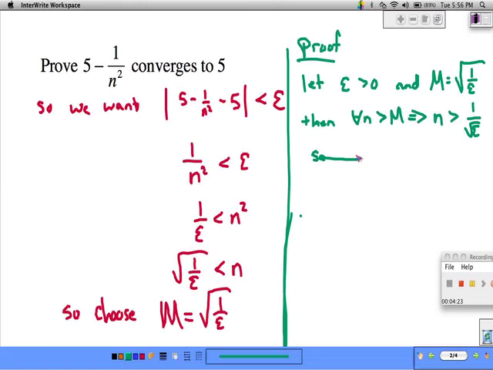So n squared has to be greater than 1 over epsilon, and epsilon would have to be greater than 1 over n squared.